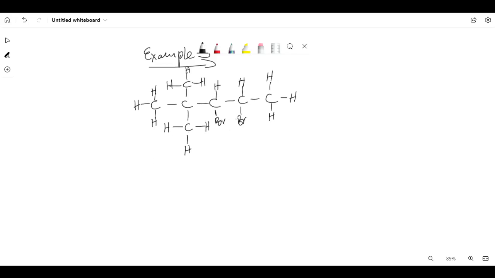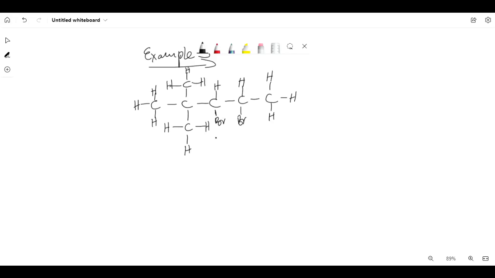Here, as I'm looking, I have 1, 2, 3, 4, 5. And then here I have 1, 2, 3, 4, 5. So it means I have 2 methyl groups here.